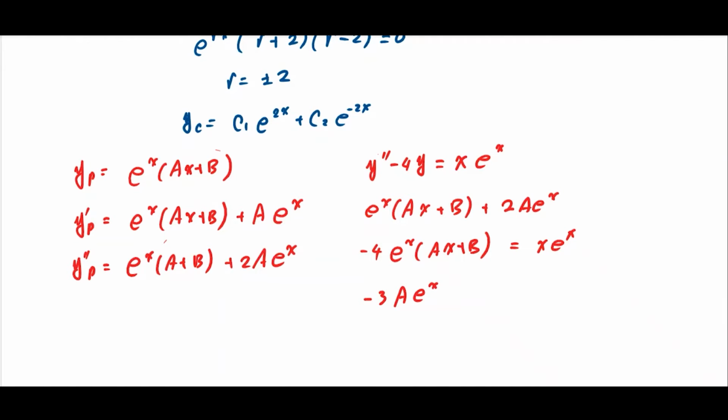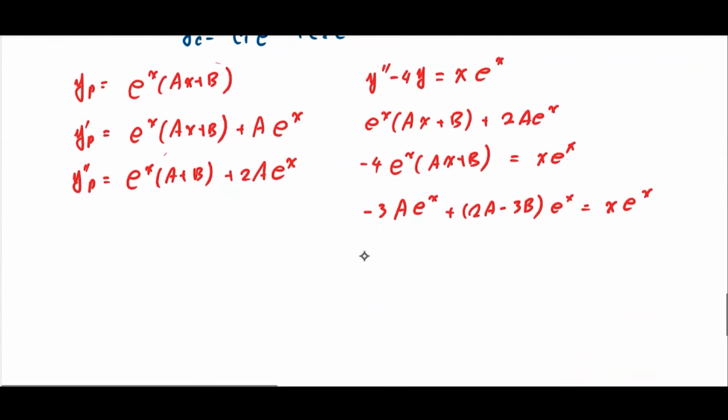Good? And then what's left here is I have b e to the x, and I have negative 4b, so I have negative 3b, and then here's 2a. So what I have is (2a minus 3b) e to the x. That needs to be x e to the x. So yes, that tells you negative 3a is equal to 1.